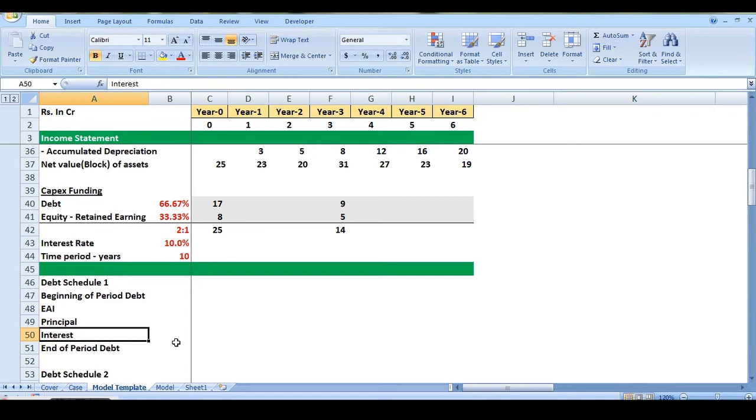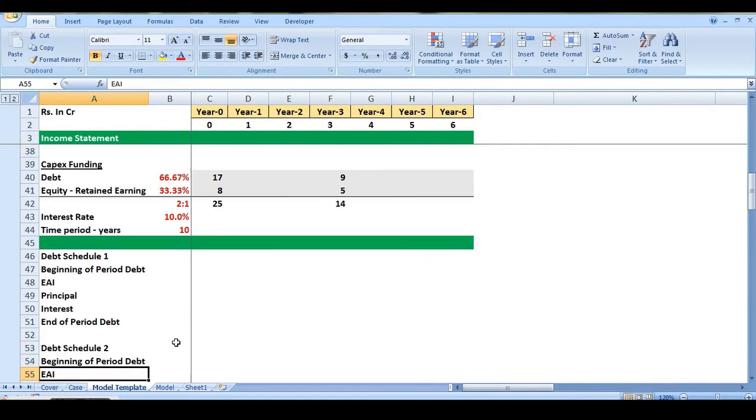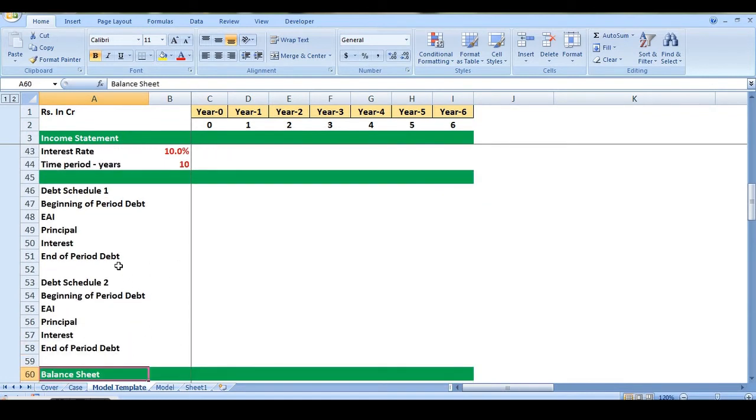In this particular case, the organization has taken two loans. One is for general business and another is for expansion. Both the loans have been taken at different stages, and the payment is also based on the time period in which they have taken. That's why the calculation has to be done separately.